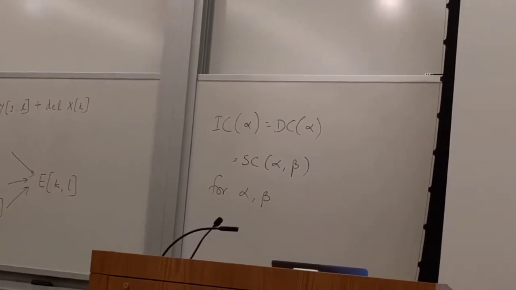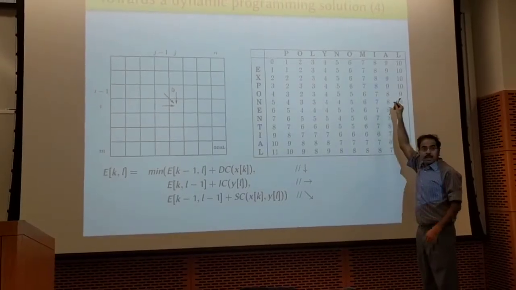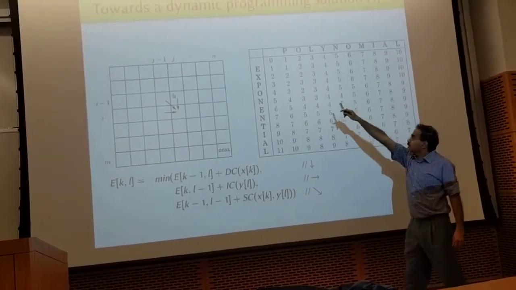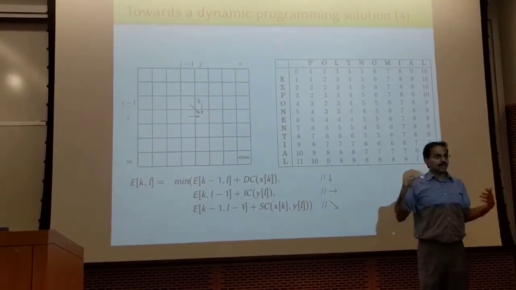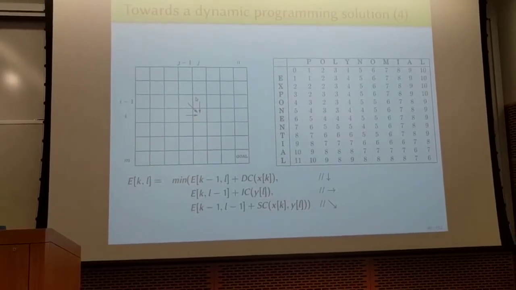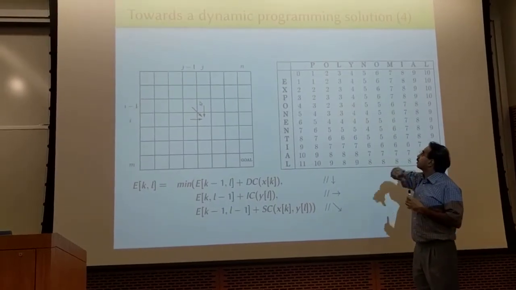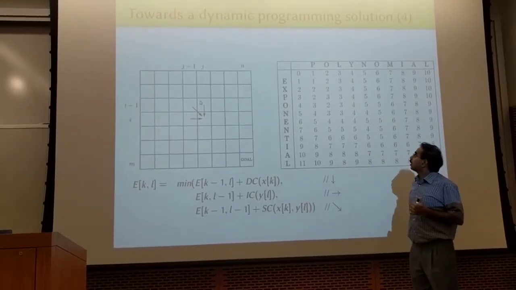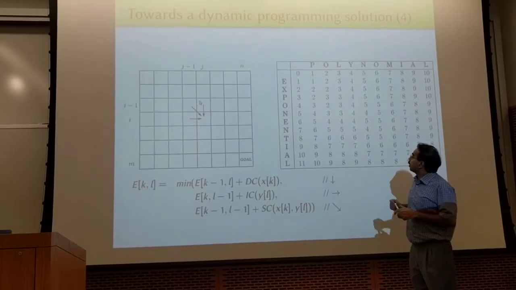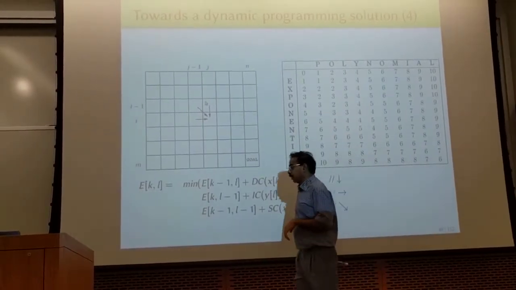And so that's why you have the row values just increasing by 1, right? Because if you are talking about 0, 0, that means you are matching the empty string against itself. So the cost is 0. The moment you introduce one character in x, now to get to the corresponding, so these rows are simply being initialized.